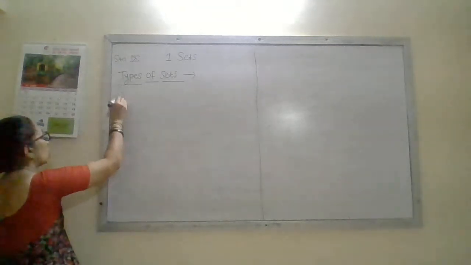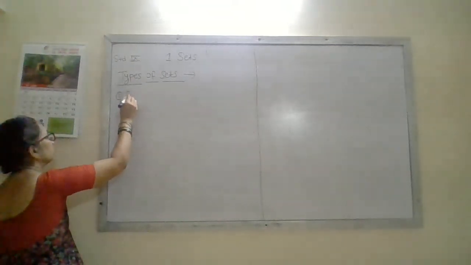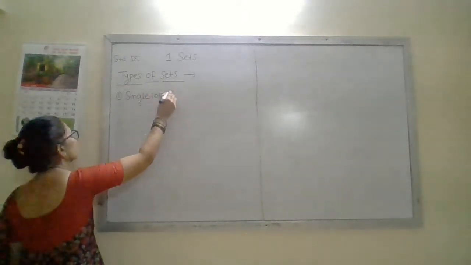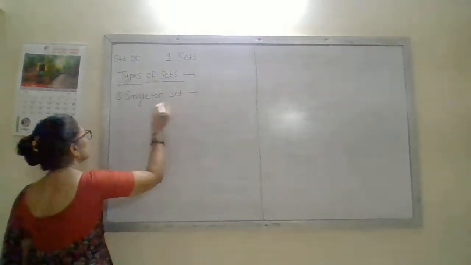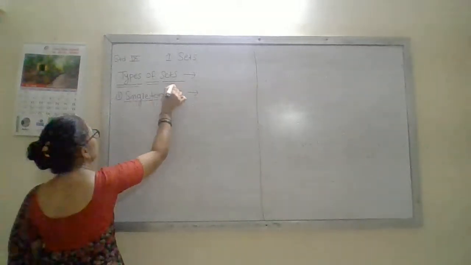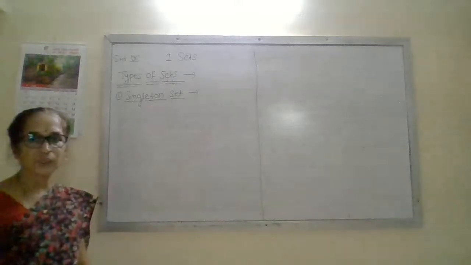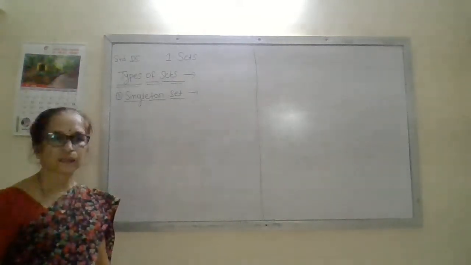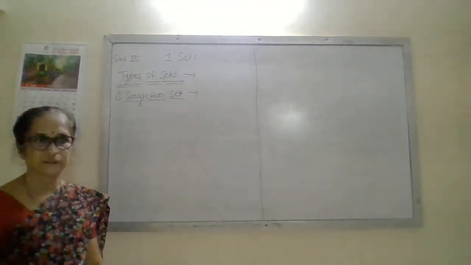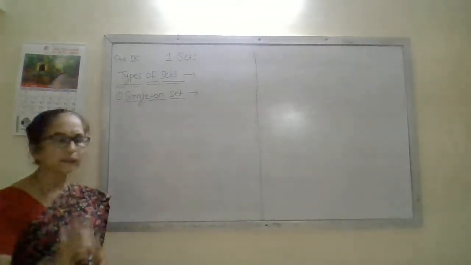Here is the first type. What is the name of the type of set? Singleton set. In its name itself its meaning is given. Single means only one.